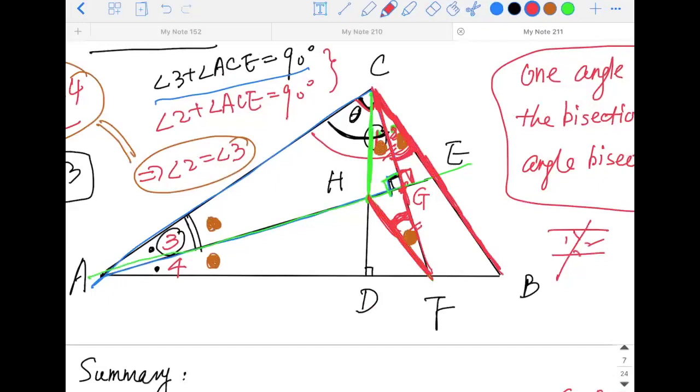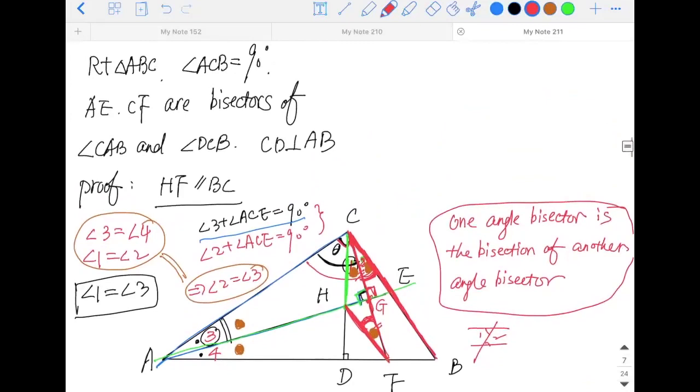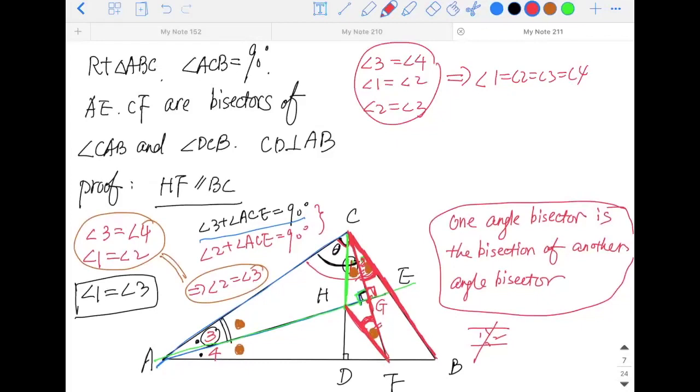If I summarize the proof, it is just a couple of lines. Angle 3 equals angle 4, angle 1 equals angle 2, angle 2 equals angle 3, all together basically 1, 2, 3, 4, right? And for sure, HC is the same as HF. So therefore, angle 1 will be equal to, let's say, angle 5.